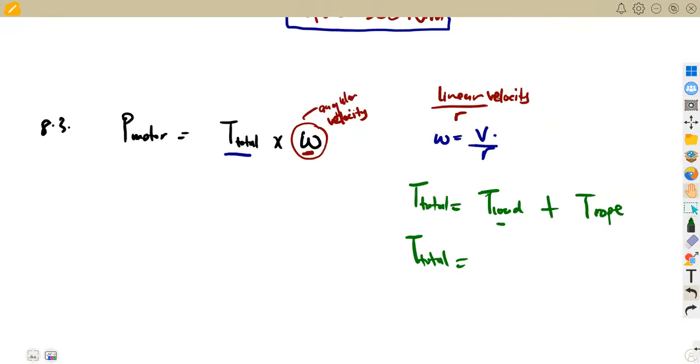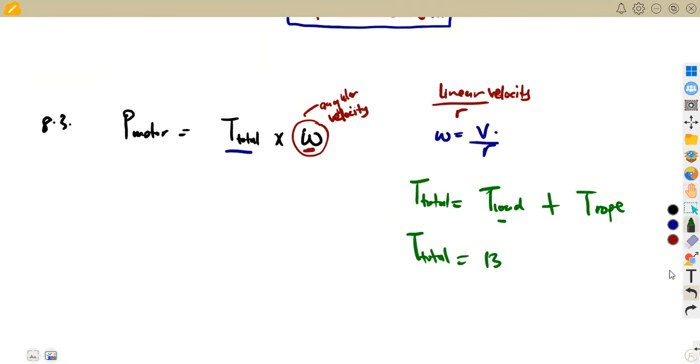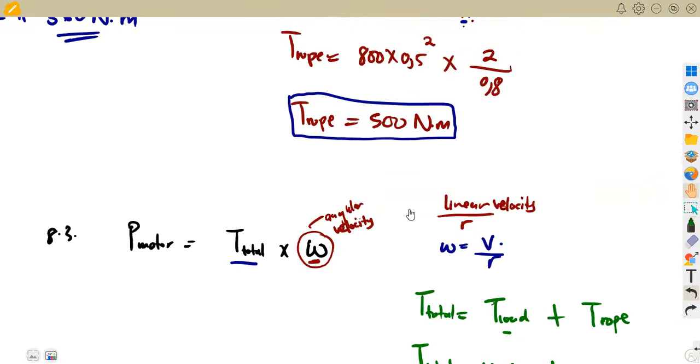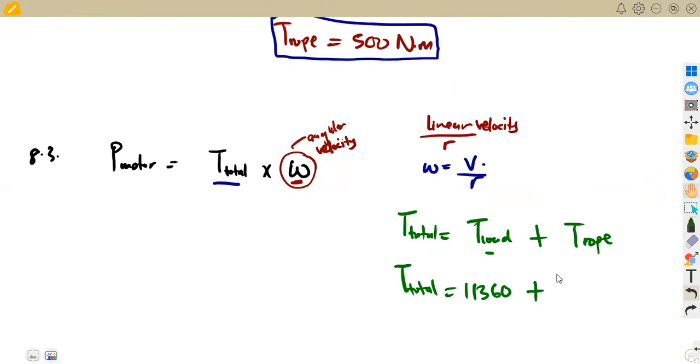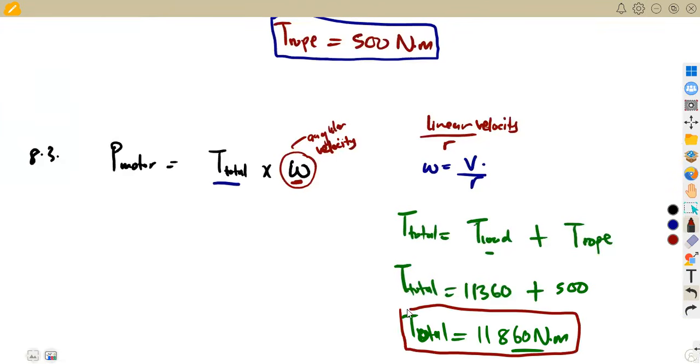So you're going to use 11,360 plus the torque to accelerate the drum, which is T rope, which is 500 Newton meter. So there we obtained 500. That is going to be the total torque in this case, which is 11,860 Newton meter.